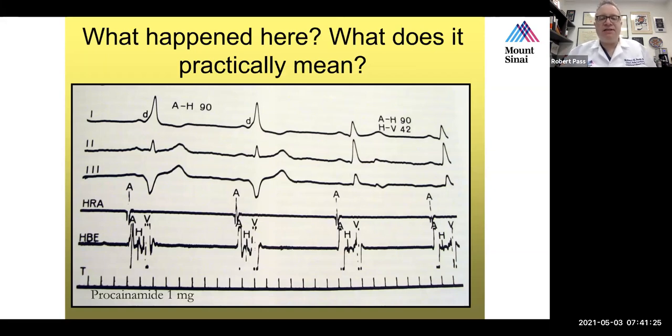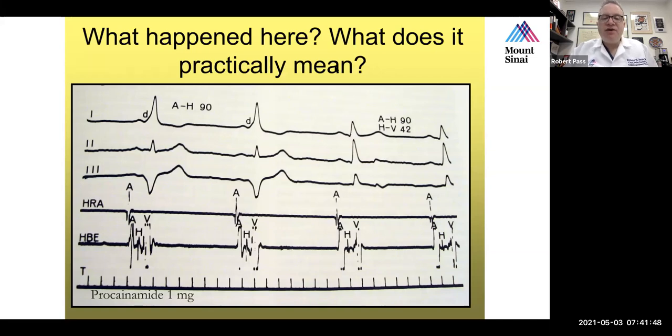And procainamide has a lot of side effects associated with it. So you almost never see us using this agent any longer for that, because we can ablate these patients. If we see someone with a dangerous pathway, we would just ablate them. But this is a nice example of the loss of pre-excitation, the normalization of the HV interval.